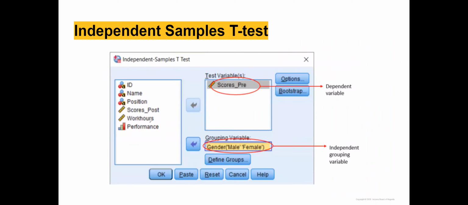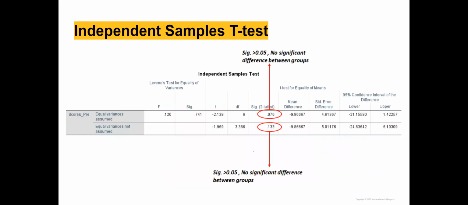Then you select the testing variable, like I said, score. Then you select the grouping variable, the groups you want to form. Under gender, we had two groups, male and female. This will come under grouping variable, and the score will be under testing variable, and you click on OK. Once you click OK, an output table is generated, which shows the results if equal variances are assumed and if they are not assumed.